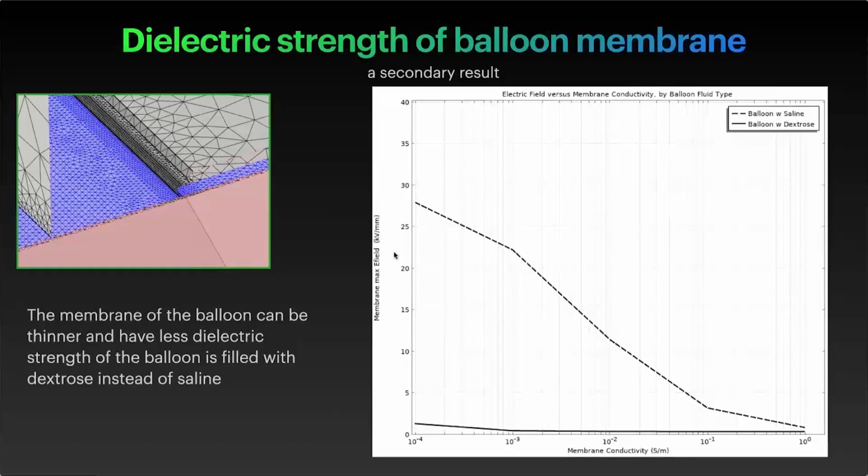On the y-axis, we have kilovolts per millimeter. You need the balloon membrane of 10 microns to withstand 25 kilovolts per millimeter if you're going to use saline. But you have to withstand a lot less if you fill it with dextrose. So that's an interesting secondary result here.